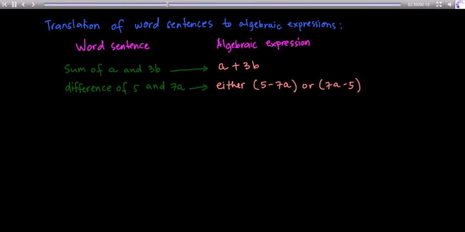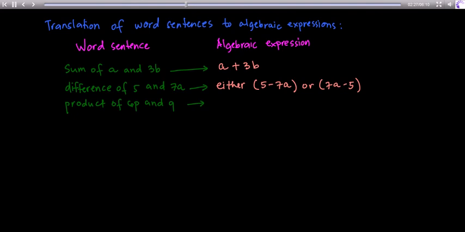Let's have another one. Product of 6p and q. How could we write the product of 6p and q?